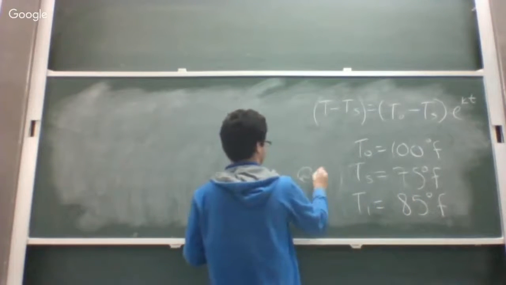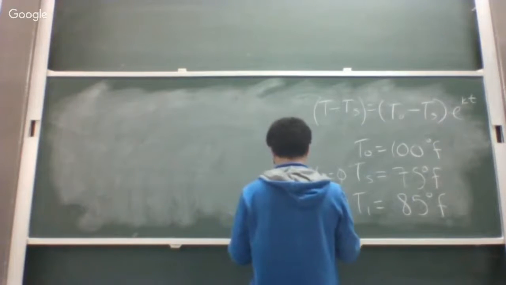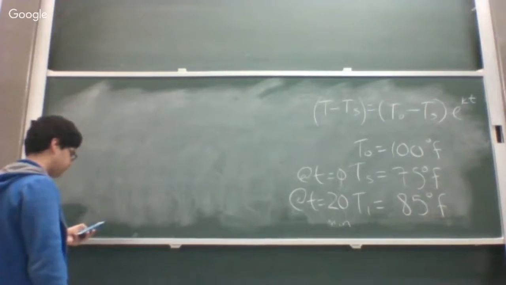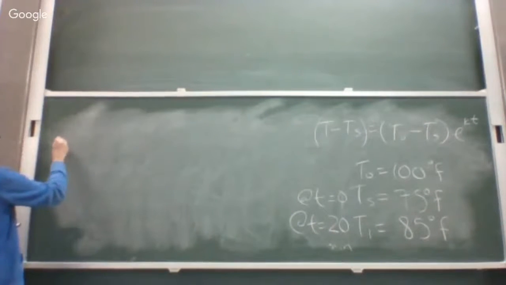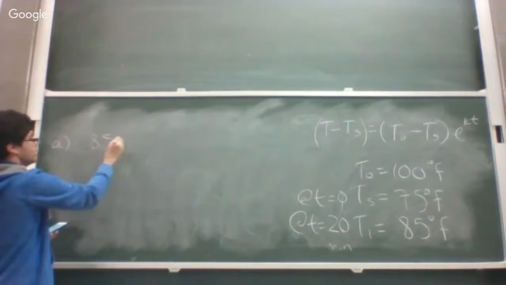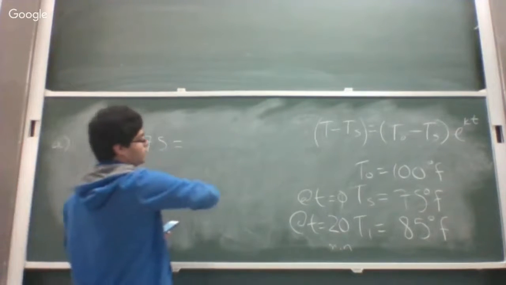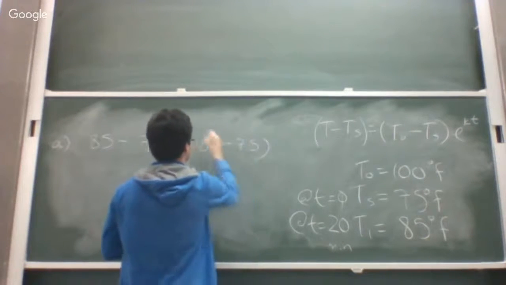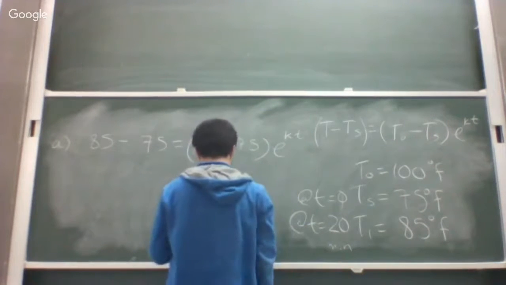So this is at time equal to 0, and this is at time equal to 20 minutes. Then it's just plugging and chugging, finding e to the k. So we have 85 minus 75 equal to 100 minus 75 times e to the kt, and we know our t is 20.